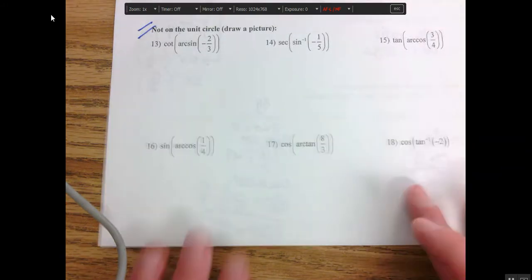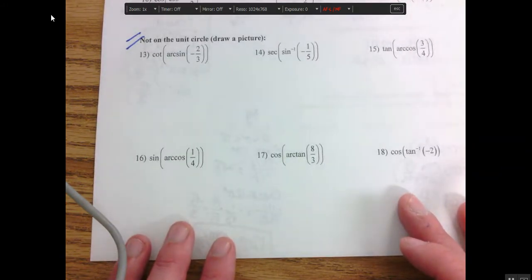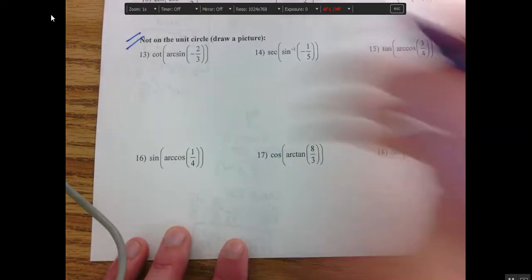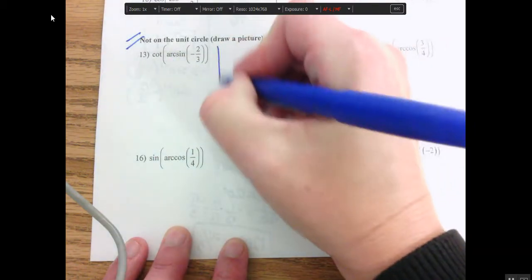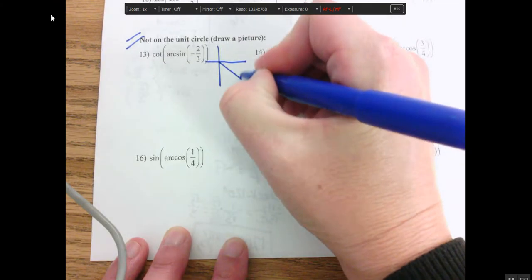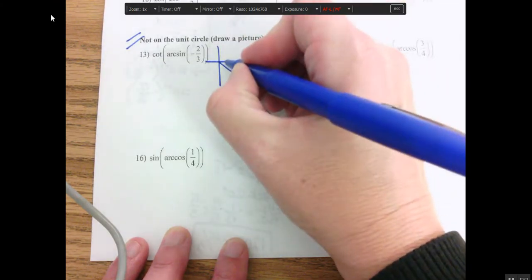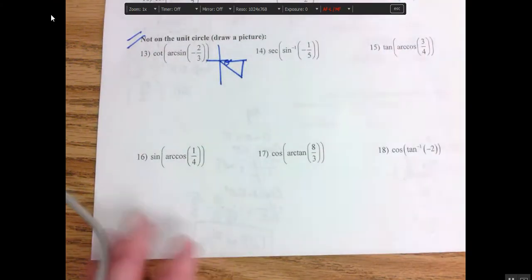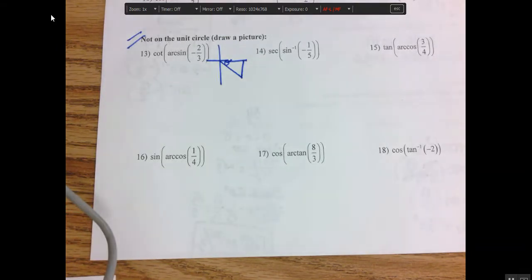So you can tell that these numbers are no longer unit circle numbers, so we're going to draw a picture for each one. For arcsine, I'm going to draw it in the 4th quadrant because it's negative. Okay, this is theta right here near the origin.